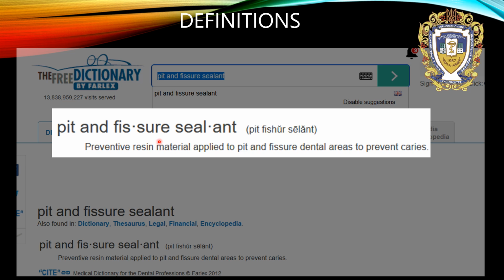But as for me, this definition is old, because nowadays pit and fissure sealants are not only resin but glass ionomers too.